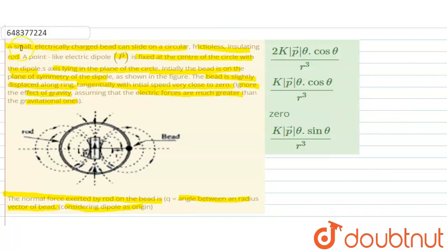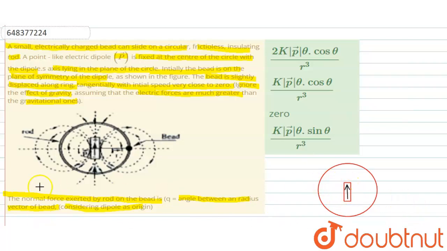So first we will discuss the diagram given here. If we draw a diagram, it will be like this. This is a circular rod in which a small electric dipole of dipole moment P is placed at the center of the circle, and the direction of dipole moment is given like this.